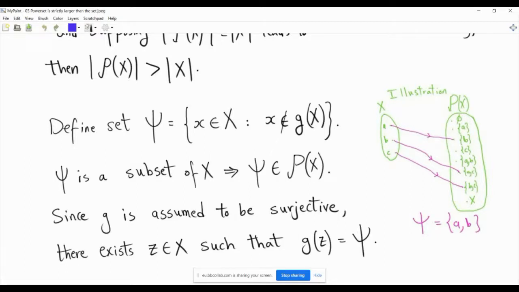So to say that you can never establish a bijection between a set and its power set, we need a proof. It cannot be something where you say, oh, it's very intuitive. We have seen in the previous slide that you can have a tiny interval on the real axis that can be put into a one-to-one correspondence with the full real axis. So we should not just trust our intuition.